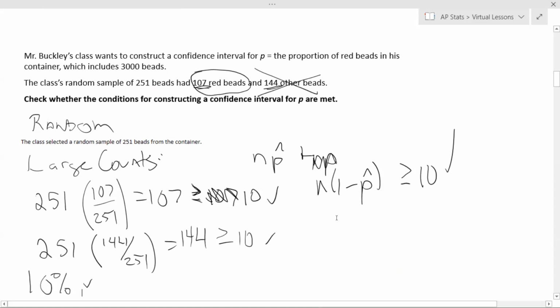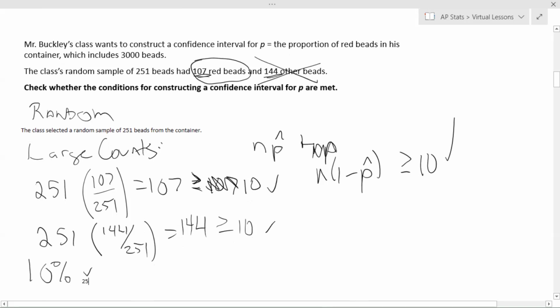You need to specifically say that 251 beads is less than 0.10 times 3,000, which equals 300. So the 10% condition is satisfied.